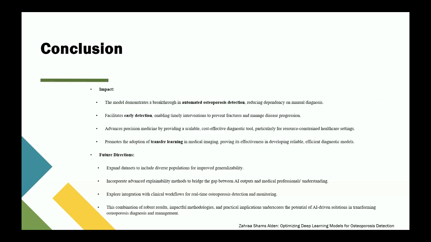Our impact: the model demonstrates a breakthrough in automated osteoporosis detection to facilitate early detection, enabling timely intervention to prevent fractures and prevent other diseases from progressing for the patient.